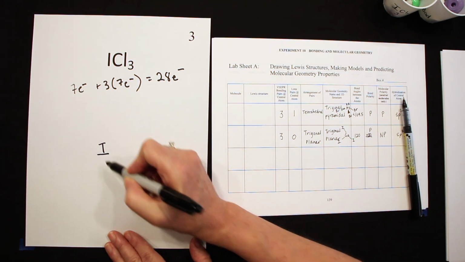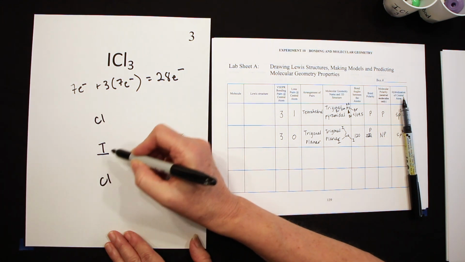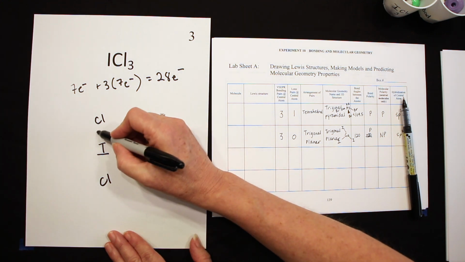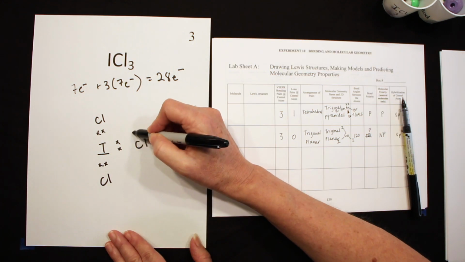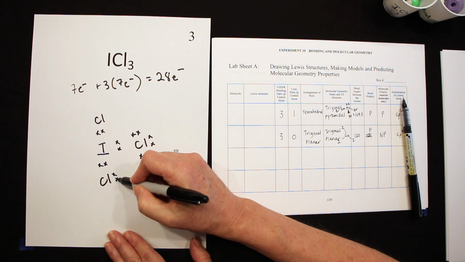I'll put the iodine in the center, and I'll put my chlorines around it. You put 2 electrons in each bond, and then fill the octets of the outer atoms.